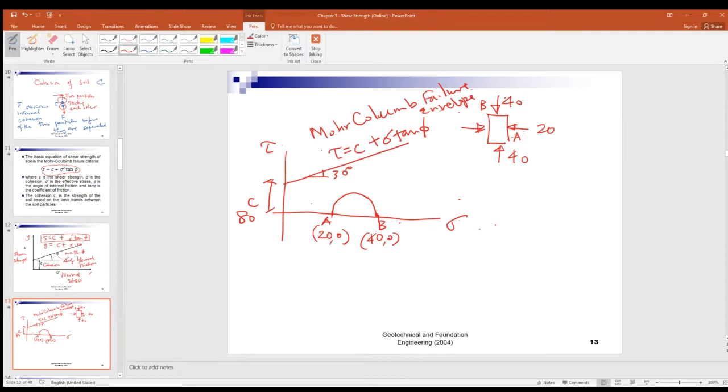If anything is below, the material will not fail. So no failure of soil.